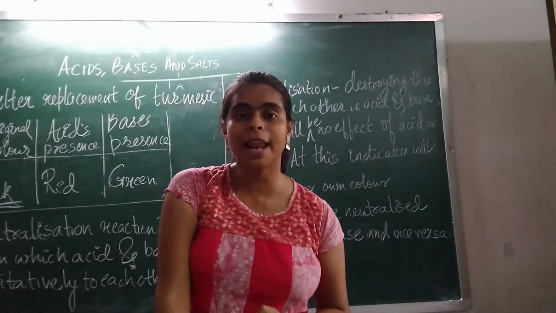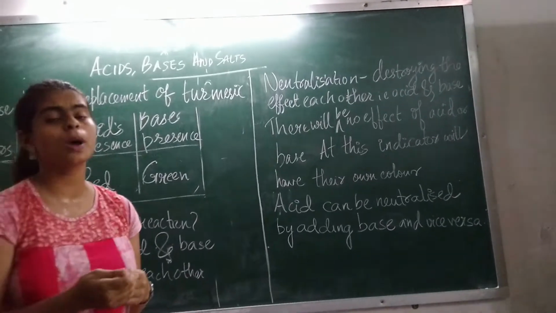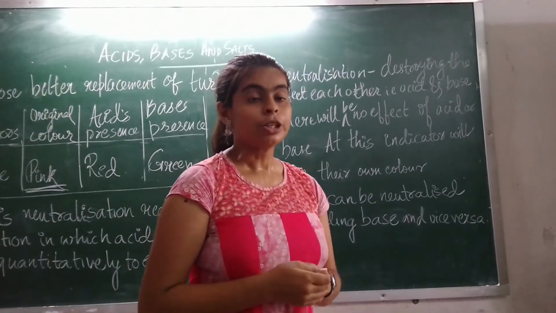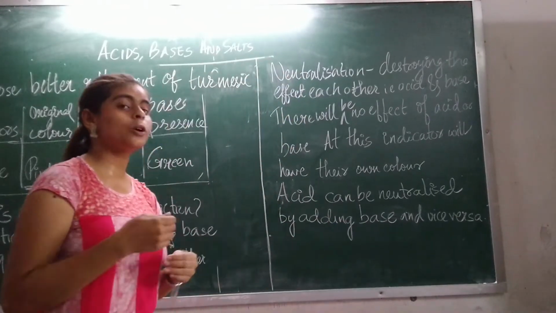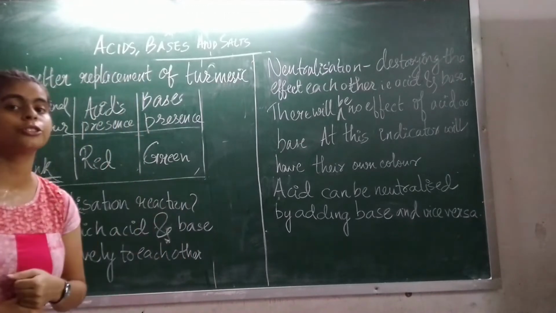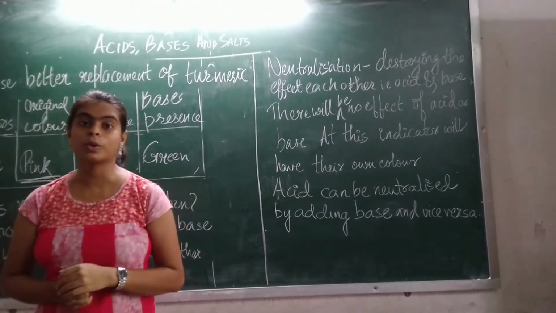Now tell me, what will happen if we add acid to a base or base to an acid? What reaction will happen? Upon adding acid to a base or base to acid, there will be a reaction, and this reaction is called neutralization reaction. What is neutralization? First you have to know.